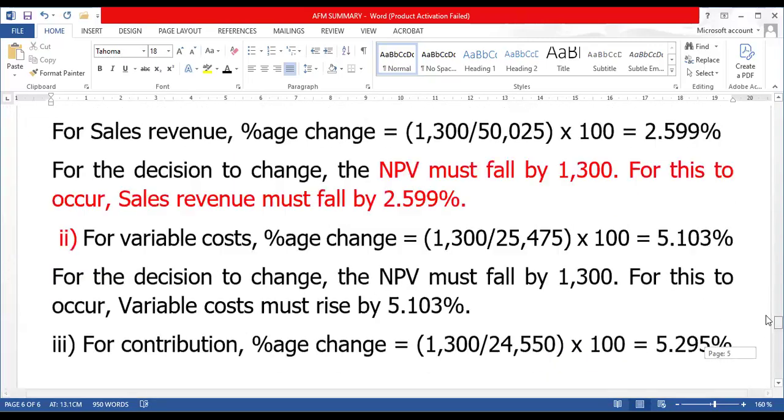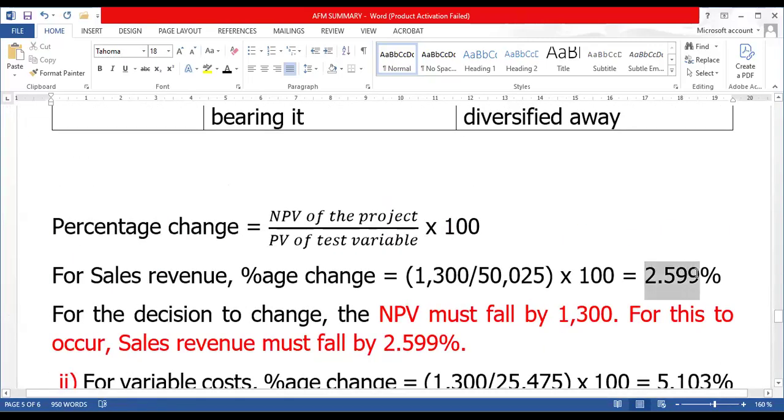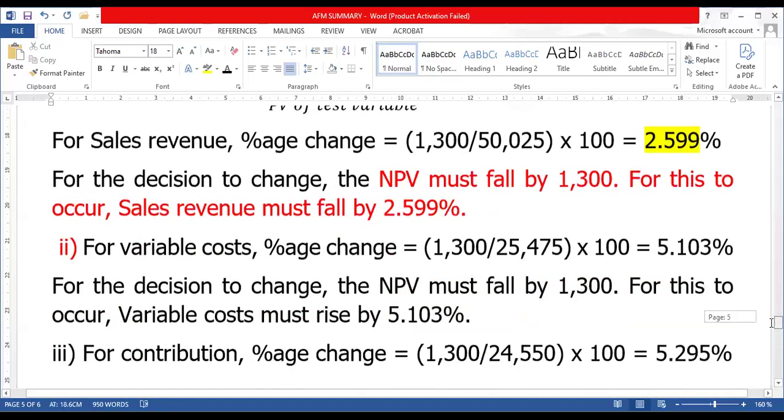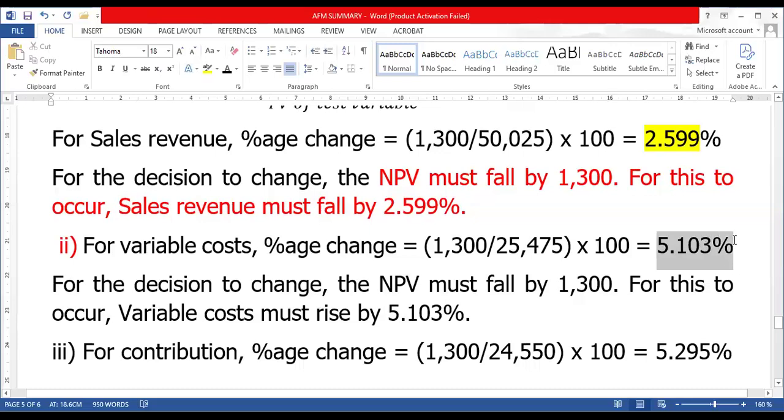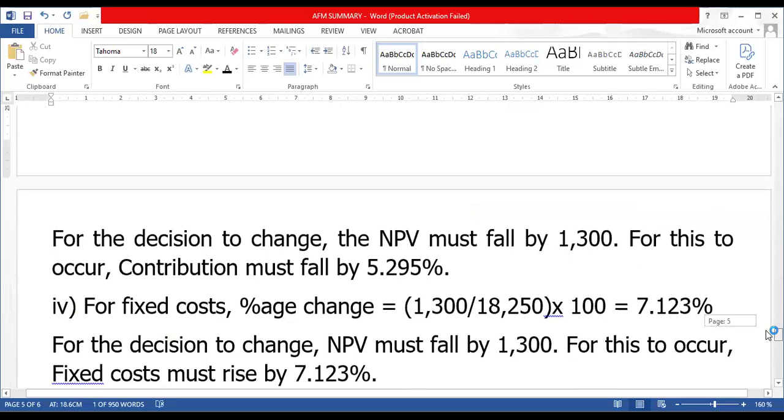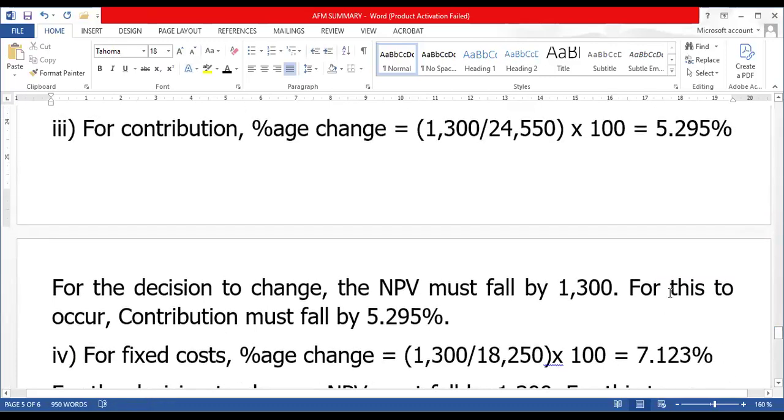Looks like they are in order still. Here you have 2.5. This is 2.5. Then here this is 5%. This is 7. You have this. Hey, are these the same?